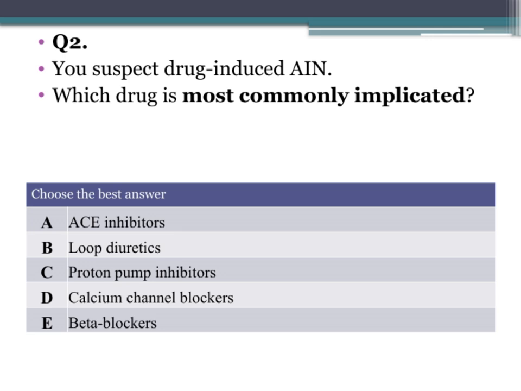Identifying the drugs most often responsible for AIN is crucial for diagnosis and management. When suspecting drug-induced AIN, knowing which medications are high on the list helps guide us to ask the right questions and consider appropriate tests. So, to answer this question correctly, the most implicated drug in drug-induced AIN among these options is the proton pump inhibitor.